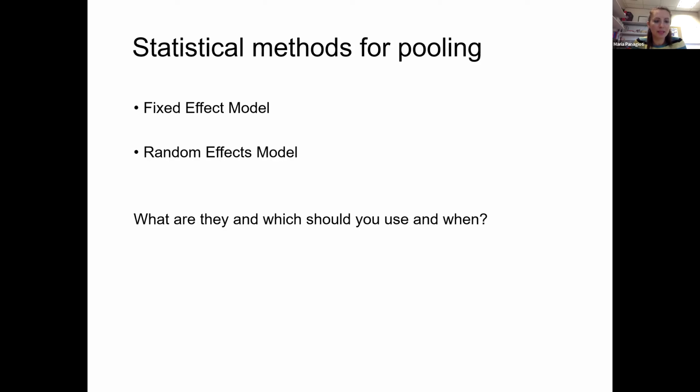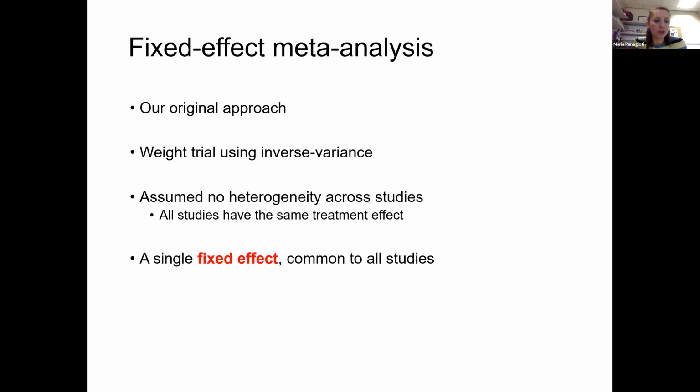The random effects model assigns different weights to different studies based on their quality and sample size, and assumes that there is heterogeneity. In most cases, we use a random effects model. But if you see zero heterogeneity, you can still use fixed effects.